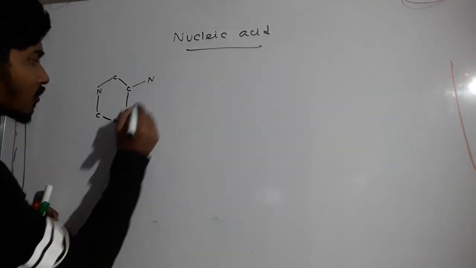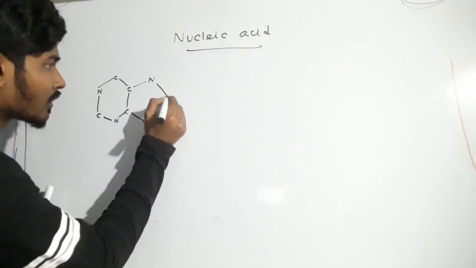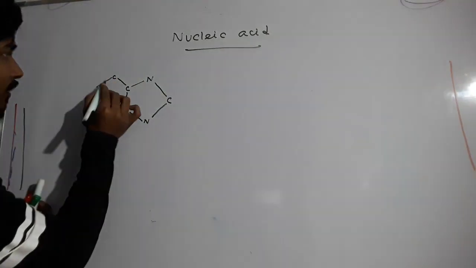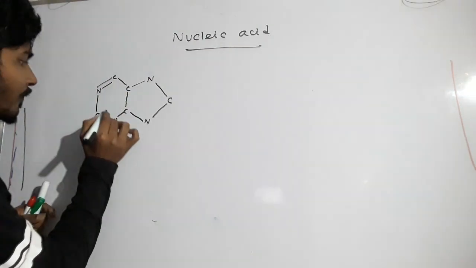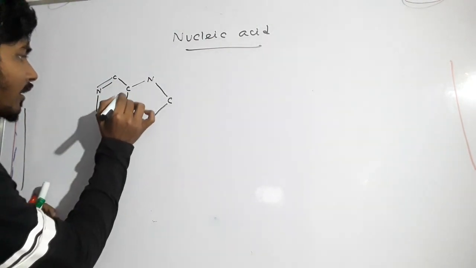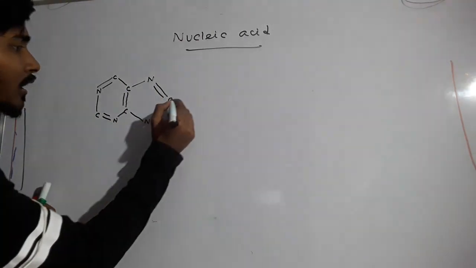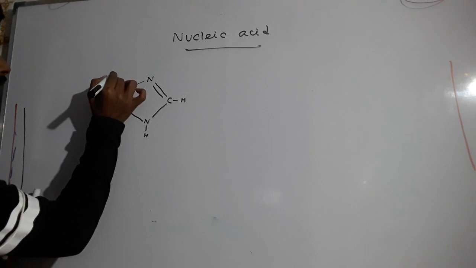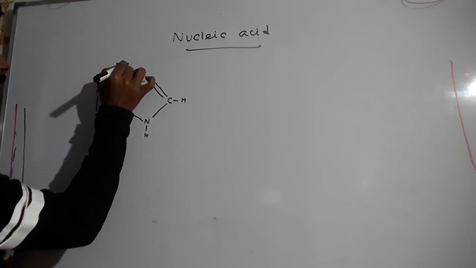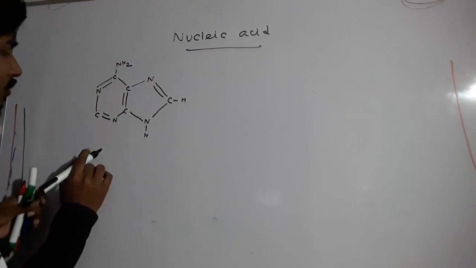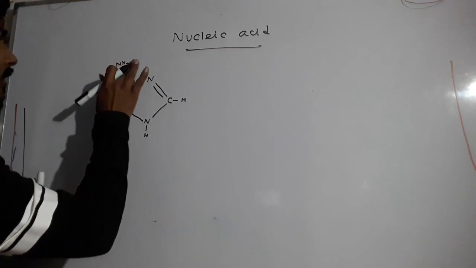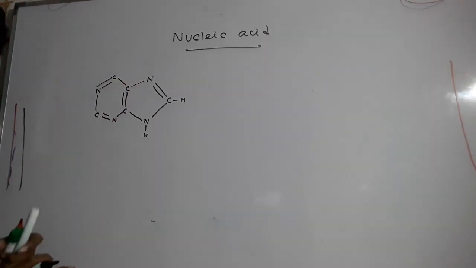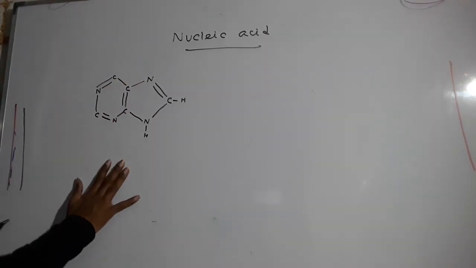Here's a double bond, another double bond, another double bond, here a double bond. These carbons would have another hydrogen, and there is the NH2 group. So this is the structure of purine.